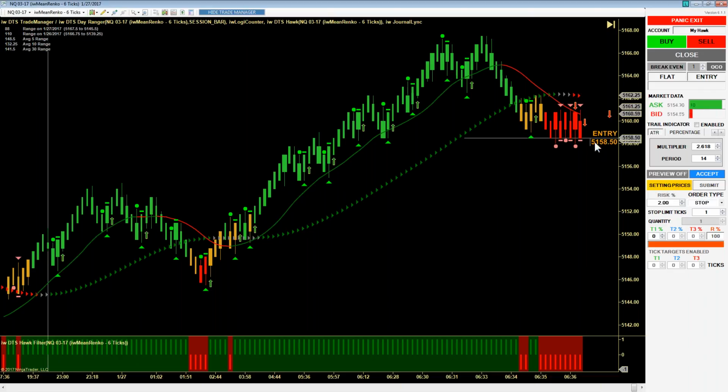It is your safety net. It gets you out of a trade that you were wrong on. That's the first function of your stop loss. What's the second function? It tells you that you're wrong about your trade.